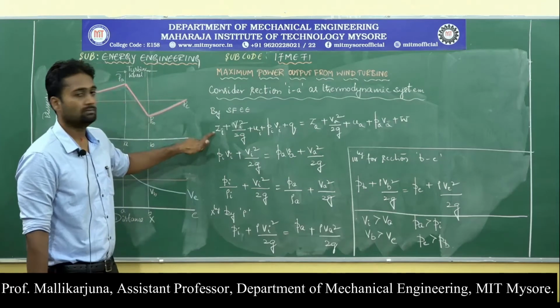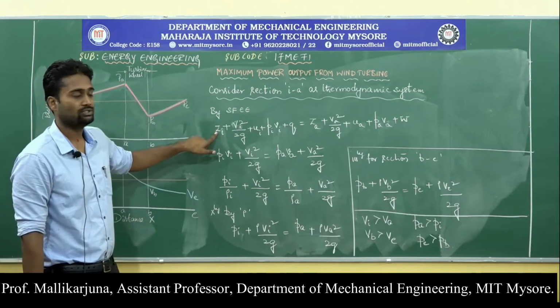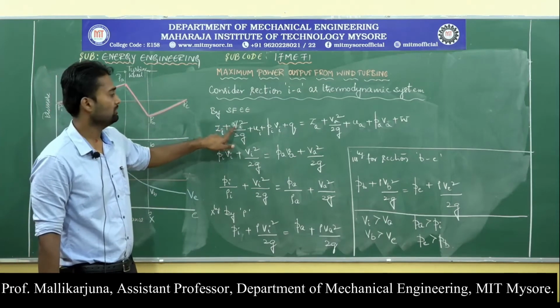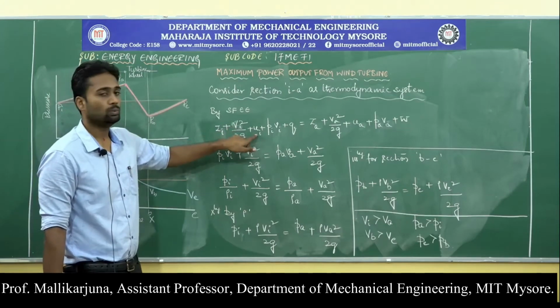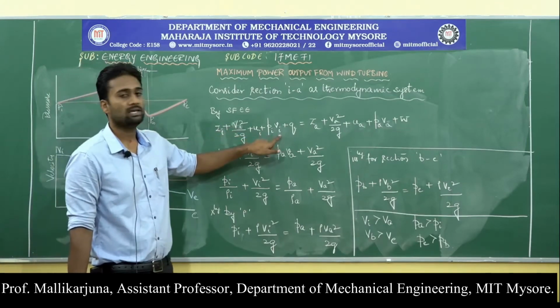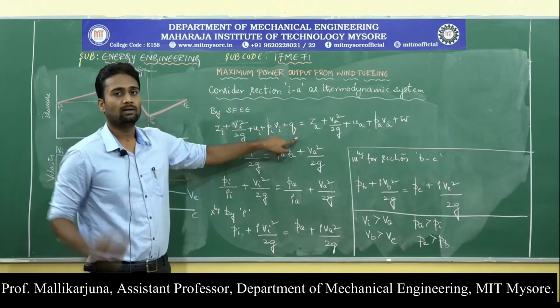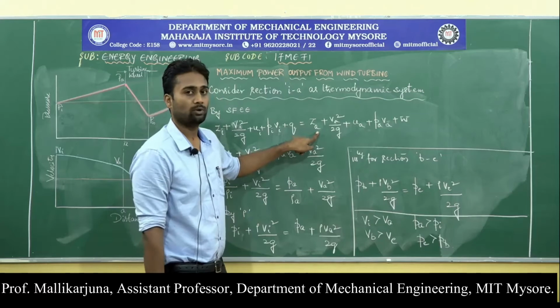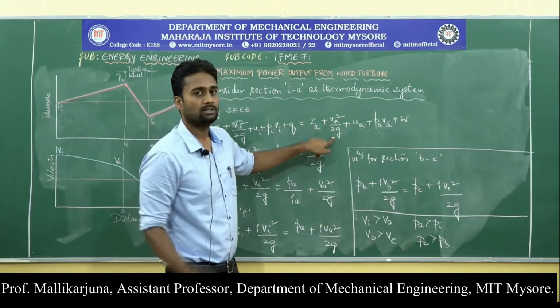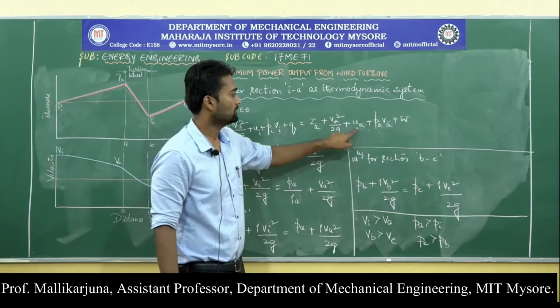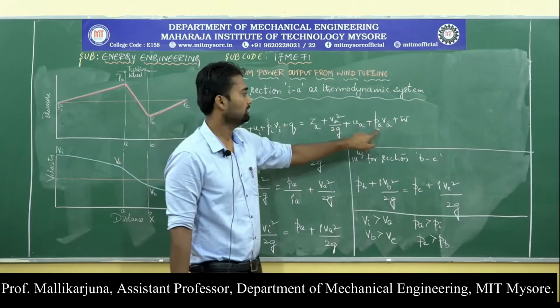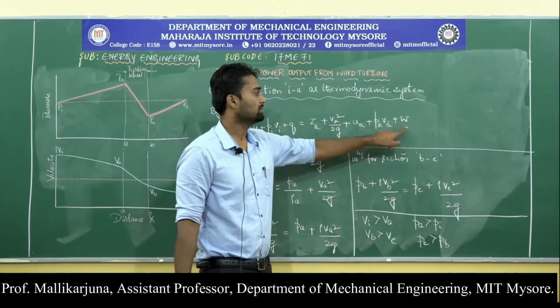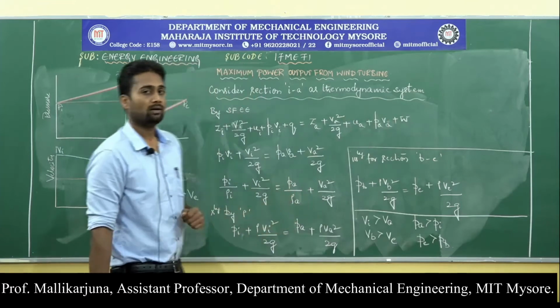Here the equation terms are Z, which is the potential energy, kinetic energy V square by 2g, U internal energy, PV flow work, Q heat transfer. Again Z at the outlet portion is the potential energy, then the kinetic energy at the outlet portion, internal energy at the outlet portion, PV flow work at the outlet portion, and W is the work transfer.